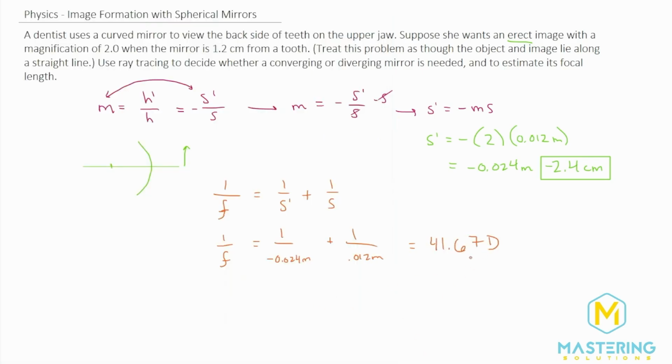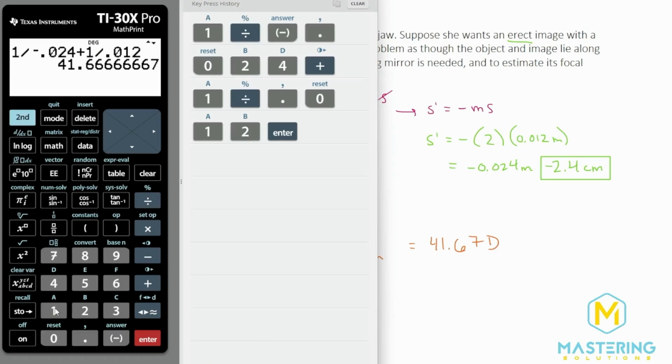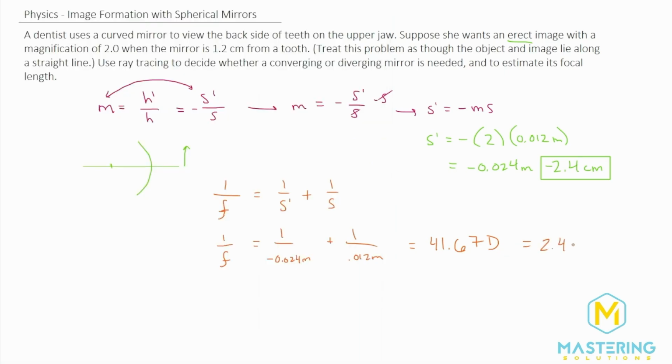We want this as the focal length, so we take the inverse, which gives us 0.024 meters, or 2.4 centimeters. So the focal length for this mirror is 2.4 centimeters, and the image forms at negative 2.4 centimeters.